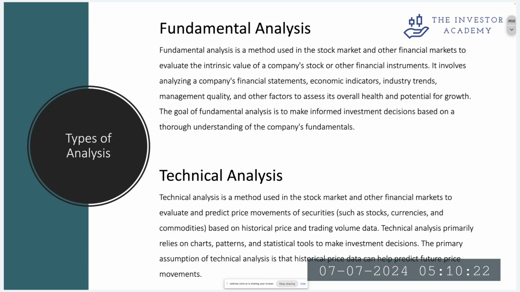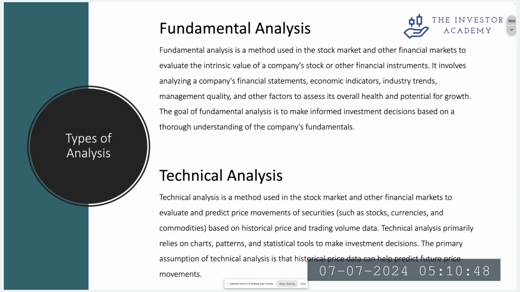One is called fundamental analysis, which is to look at the fundamental side of the company, like their balance sheet, their order books, their market sentiment, the average growth of that industry. So it's basically an investment decision taken purely on the basis of an outlook, a perspective for a company.